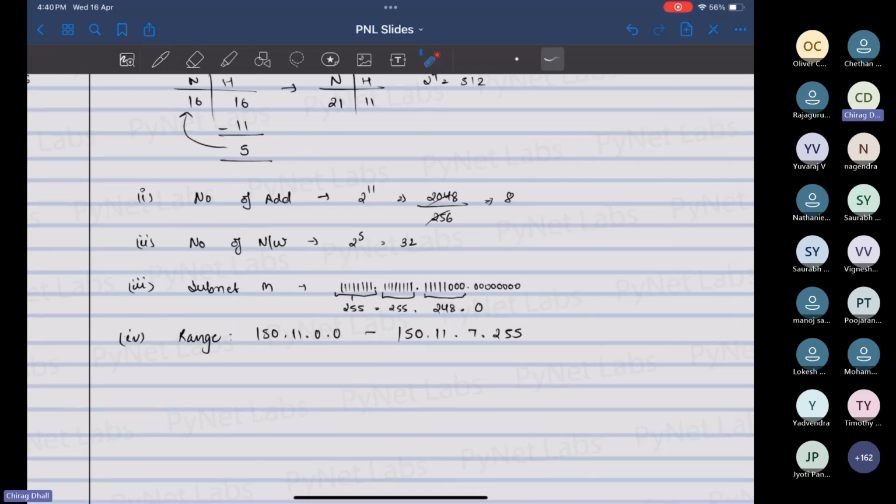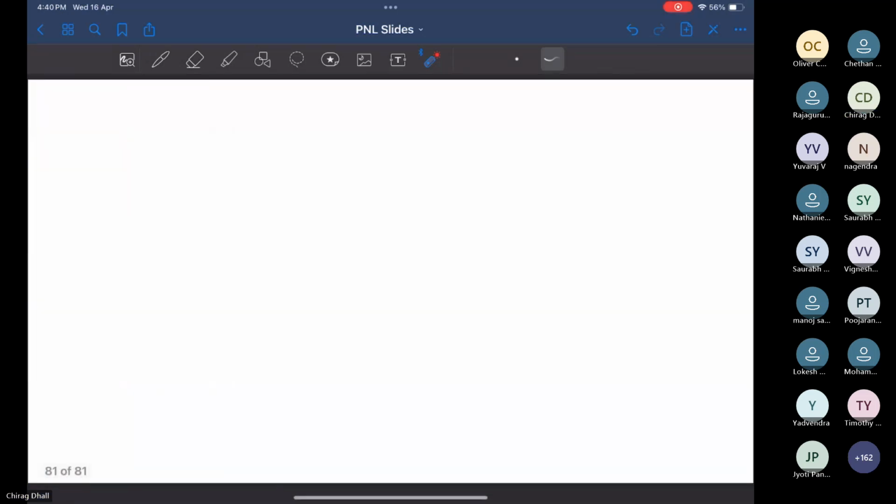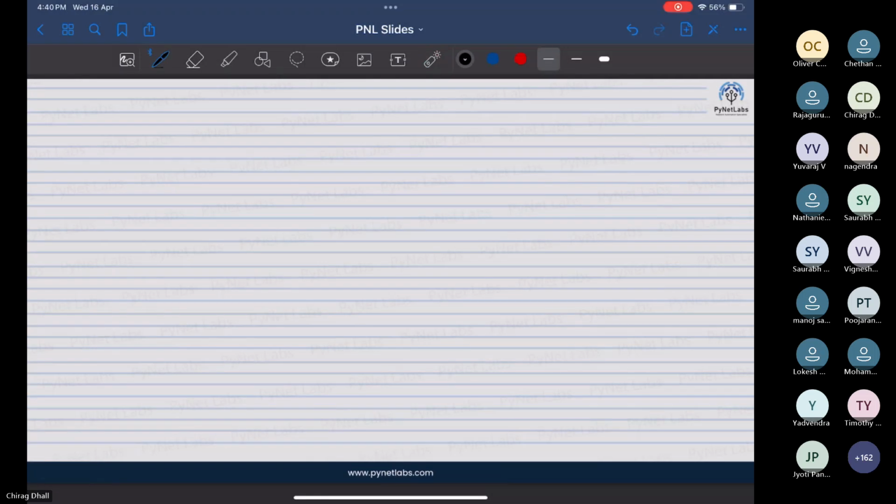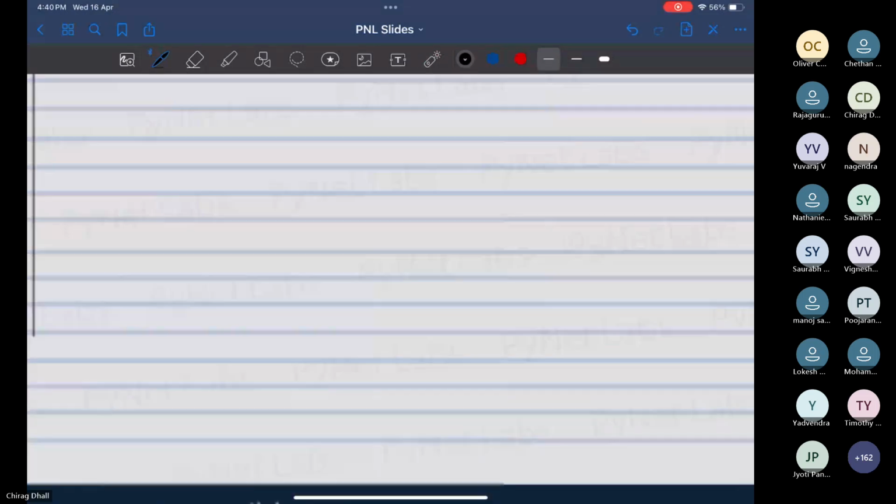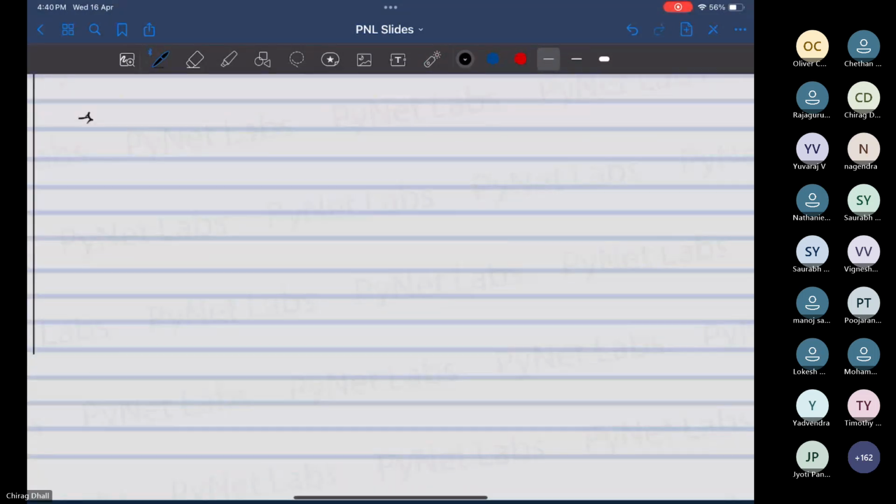Let's look at one more example now. 160.10.0.0/16 with a requirement of 5,000 addresses. Okay. So I just calculated that the number of bits required for 2,000 addresses was 2 raised to the power 11, which gives me 2048.